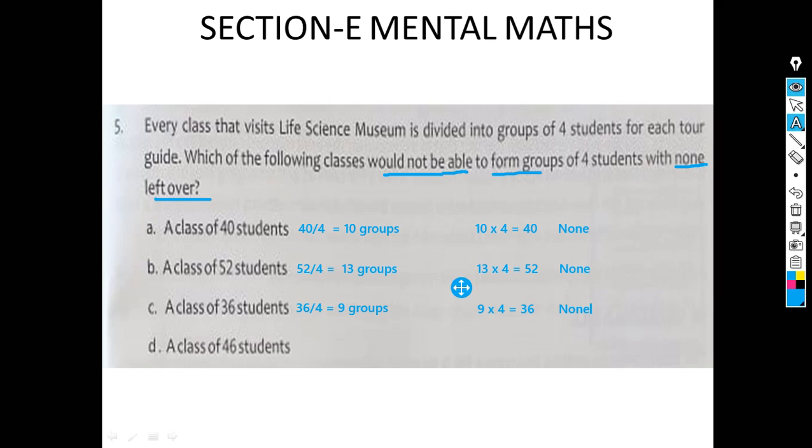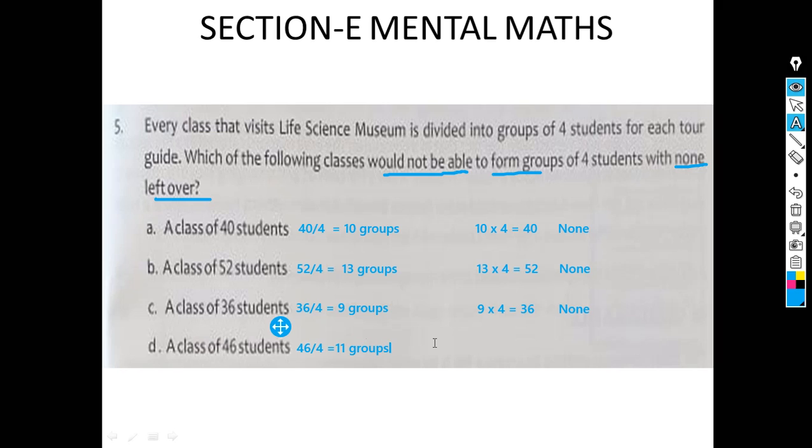Let us check this last one. The number of students in this class is 46, divided by 4, and it goes with 11. This means we will be able to form 11 groups.